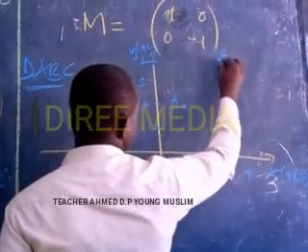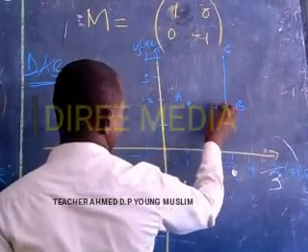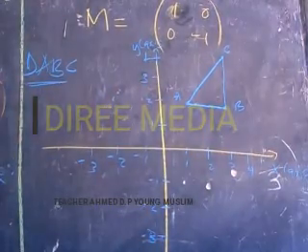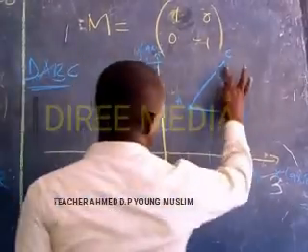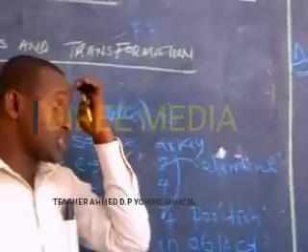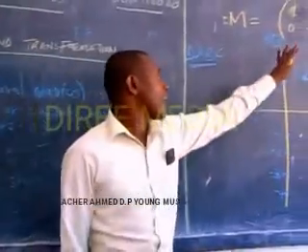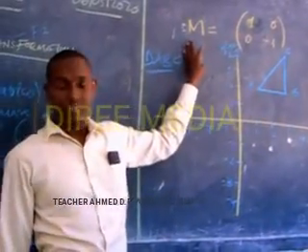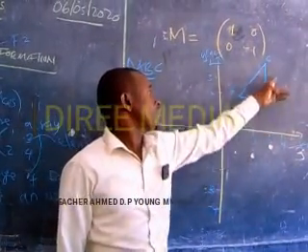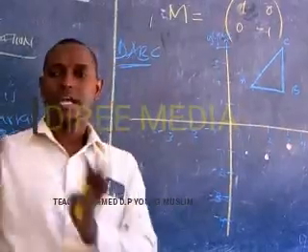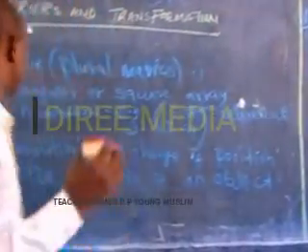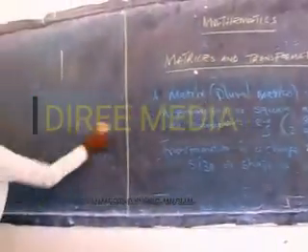So that is my C. If I draw this, that is triangle ABC. So I want now to see if I pre-multiply this particular matrix with the coordinates of this particular object, what kind of image will I get? So that I'm going to plot the image and see what kind of transformation is taking place.